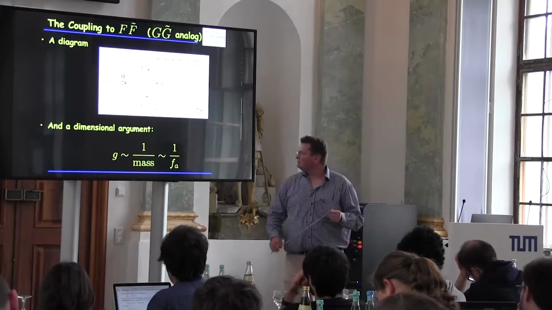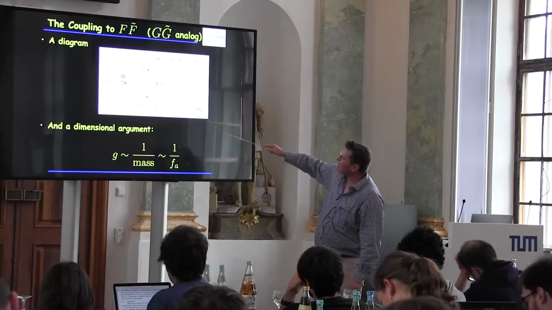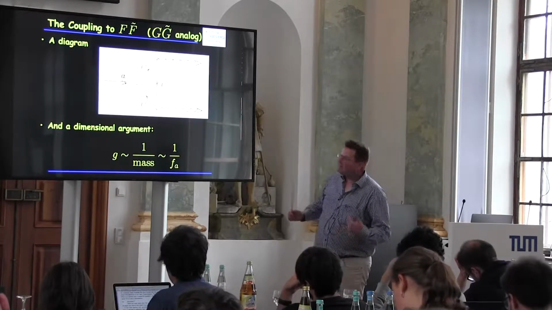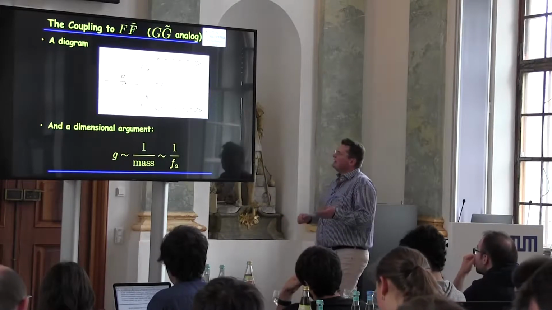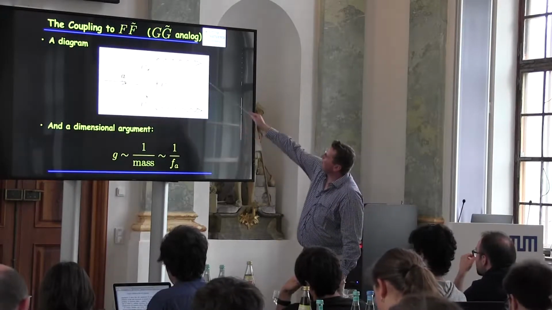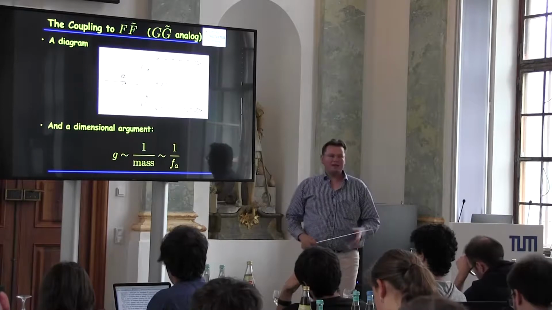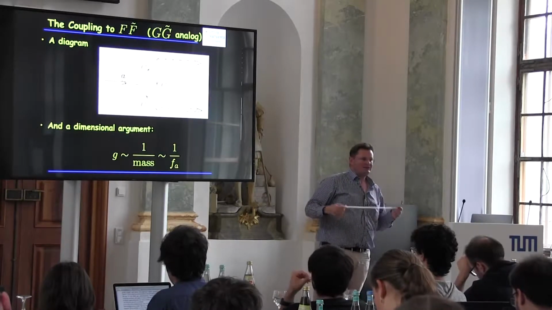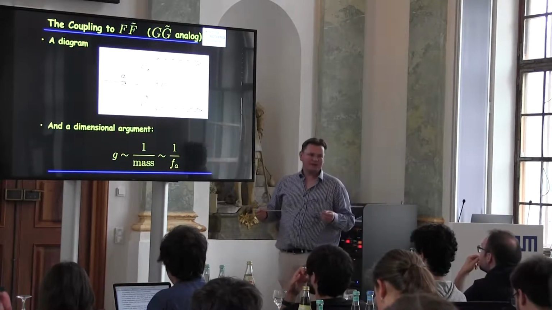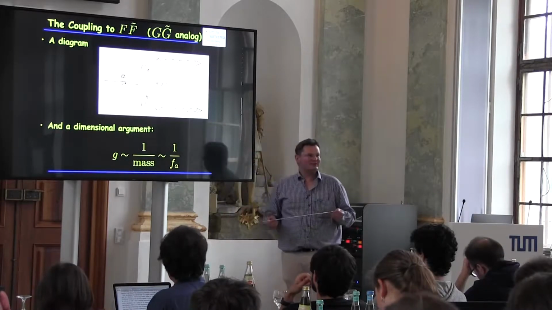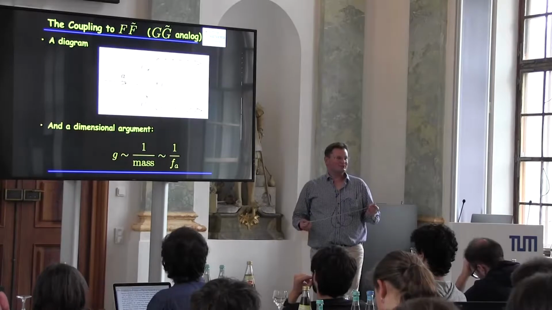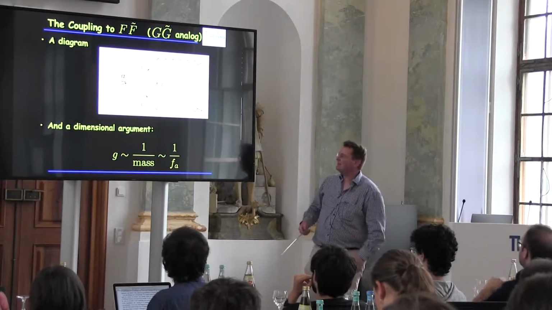That said, you can also look at this slightly differently, and that is perhaps even more illuminating. You have here a triangle diagram, and triangle diagrams can perhaps remind you of something. So any suggestions what triangle diagrams usually do? Anomaly. Exactly.